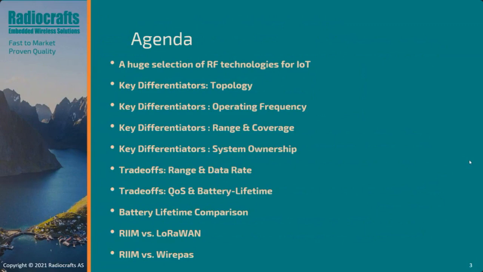Then we will go briefly through some of the trade-offs that RF technologies have to make sometimes to achieve a certain metric and sacrifice the other. And at the end, we will finish this presentation by presenting a brief comparison between RIIM and some of the common RF technologies now in the market.